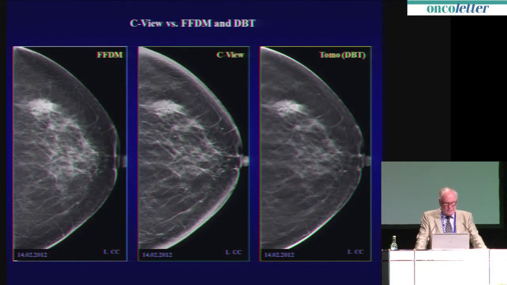For larger cancers, of course, there is no problem with these images. To the left, you have conventional 2D images. Here in the middle, a synthetic 2D image and the corresponding tomo slice. You see the cancer more nicely on the tomo slice, but there is no problem with the diagnosis on the two other images.